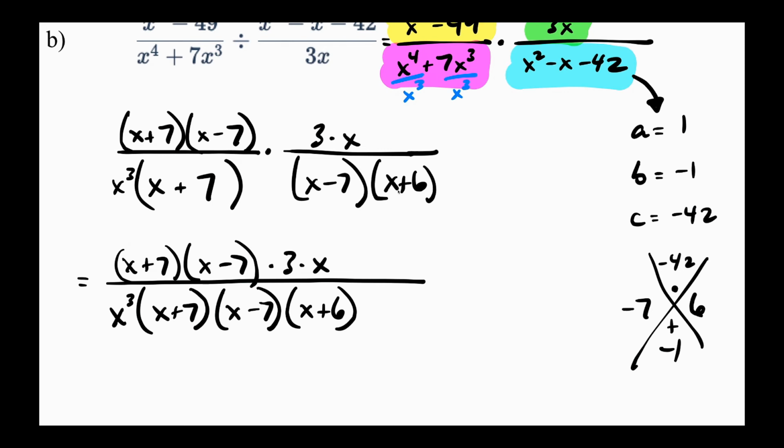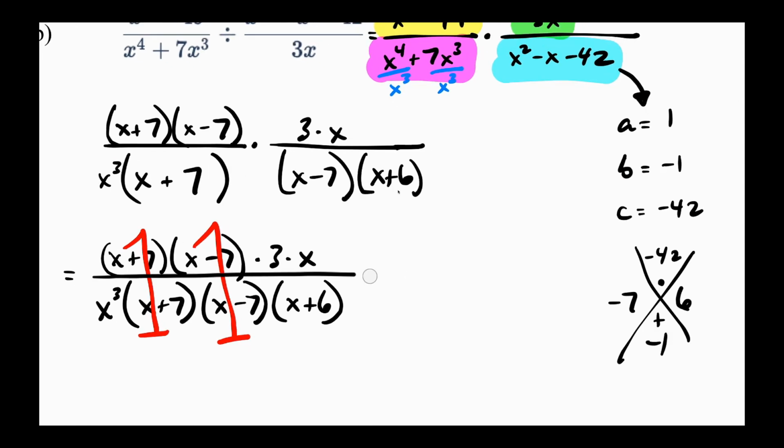Okay. Last step, giant ones. There's one there. There's one there. So in terms of binomials, I have x plus 6 down here. There's no x plus 6 on top, so I can't cancel that out. I have a 3 here.